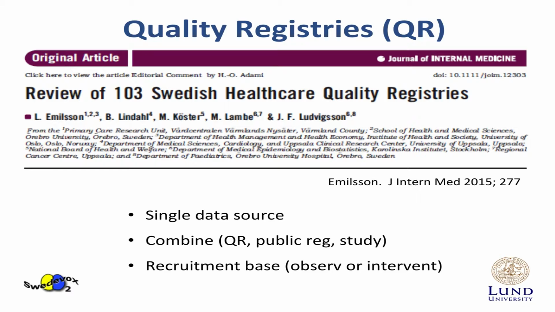And you can use these registries as a single data source, of course. You can combine them, and I will show how we work with that, how we do that. And you can also use them quite freely as a recruitment base, which is done for randomized trials, for example, or observational trials.